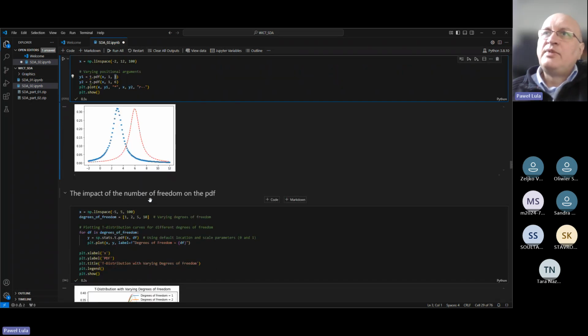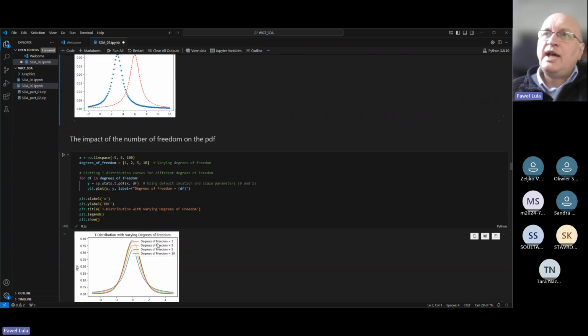And the degrees of freedom is a parameter which is very similar to the sigma parameter. So the shape of this bell curve, we can define by changing this parameter.